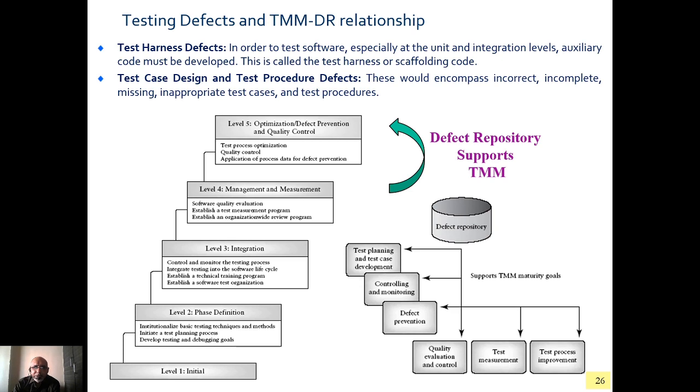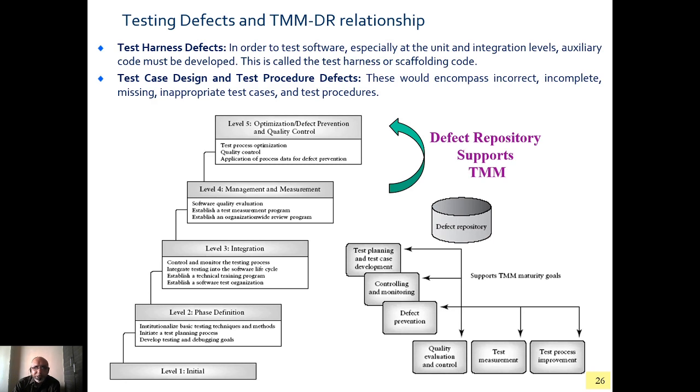That is, in order to test the software, especially at unit and integration levels, auxiliary code must be developed. So there must be alternative approaches to achieve the correct specification. This is called scaffolding code or overlapping code.